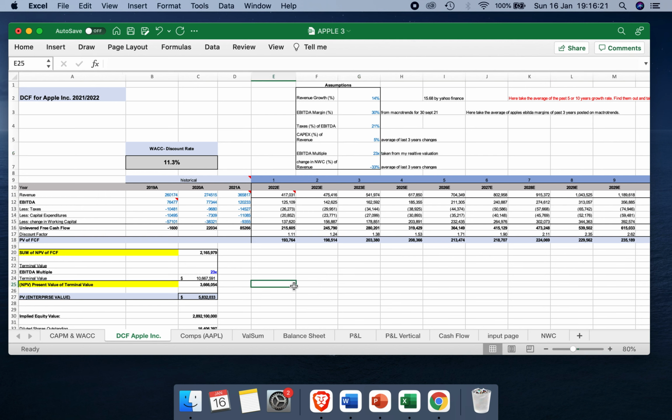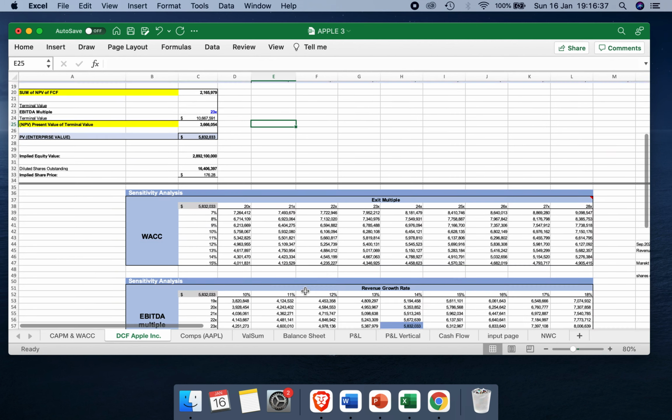But the problem, as we know in any DCF analysis, is the assumptions. So any change of the assumptions, any slight change could just bring us to a completely deviating enterprise value.